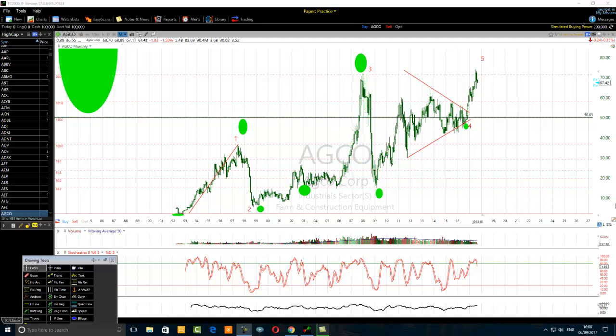And the third rule stated that the third Elliott wave should not be the shortest impulse wave. There are 3 impulsive waves, all right, the first, the third, and the fifth. And the Elliott wave rule stated that the third Elliott wave should not be the shortest impulse wave. So those are the 3 essential Elliott wave rules.